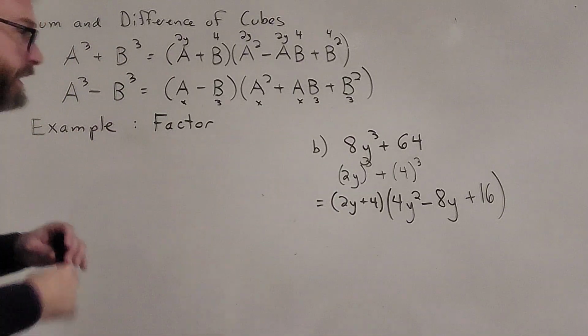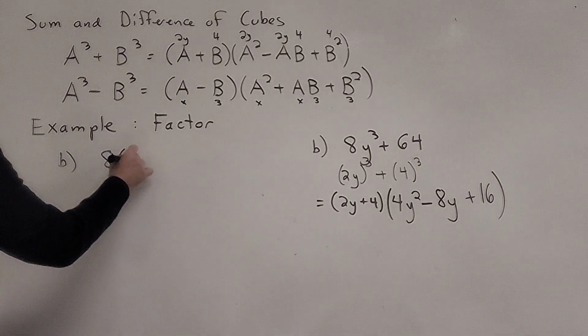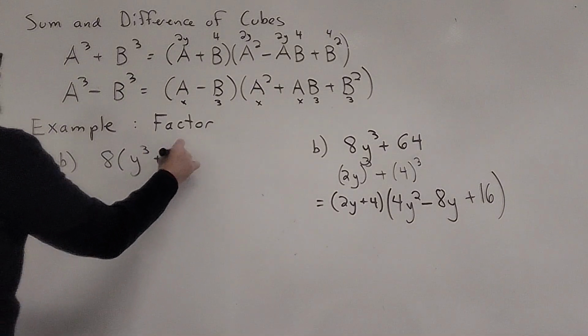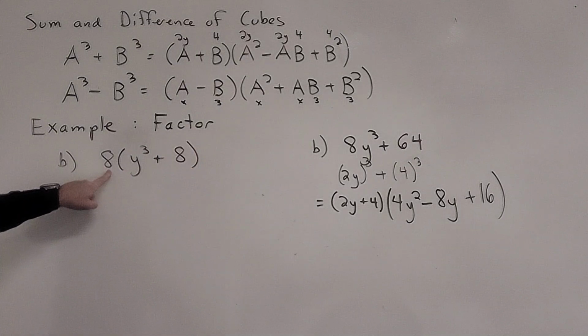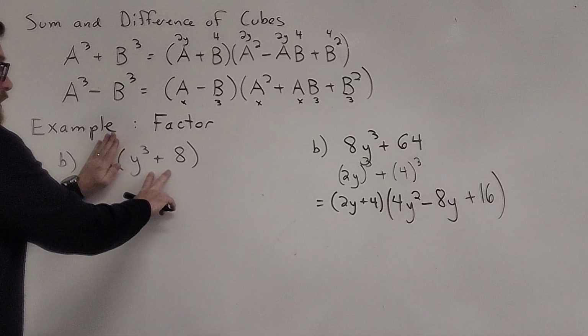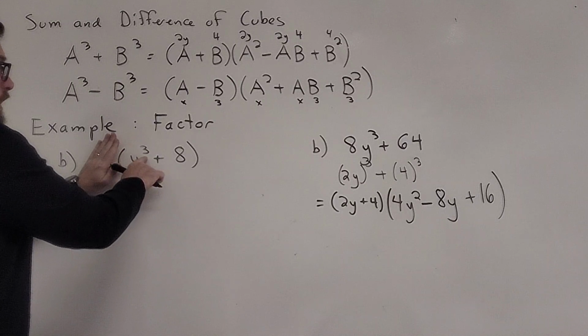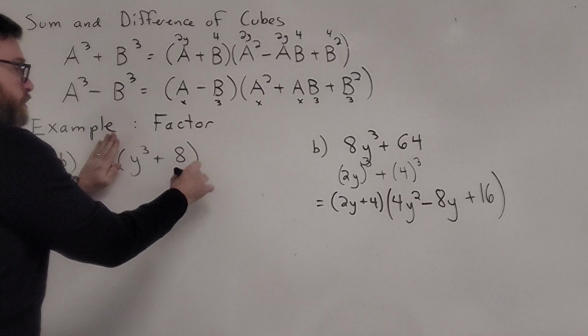So I know I can factor out that 8 and I'd get y cubed plus 8. Now the 8 is just our constant that sits out the front, so the sum of cubes is this binomial that's left over. This is already written as something cubed, and I know that 8 is the same thing as 2 cubed.